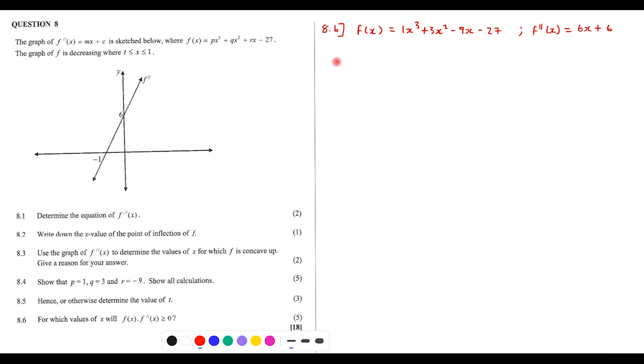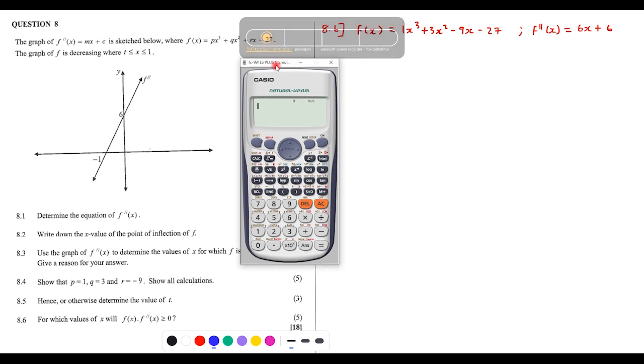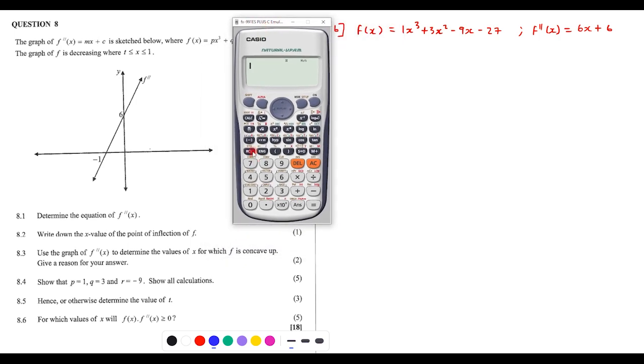Now first things first, when we're finding factors of f of x, we basically find a factor first by substituting values into our equation, right?